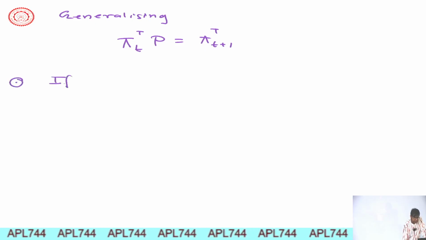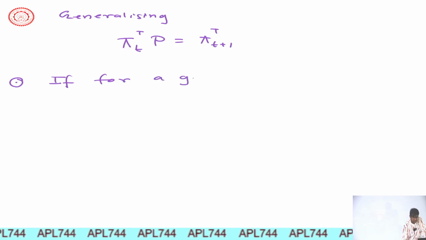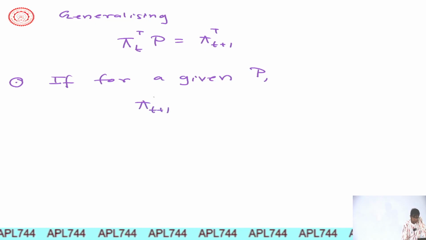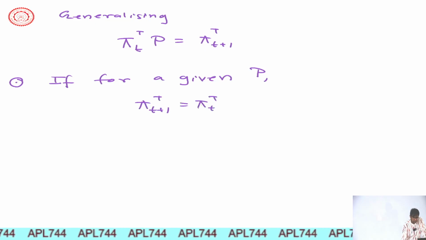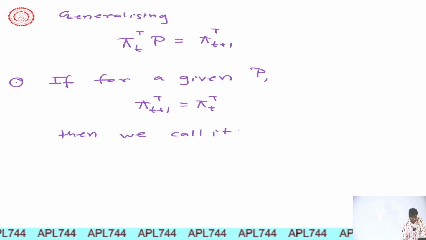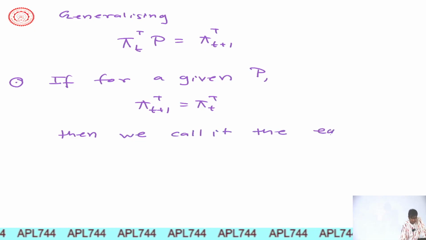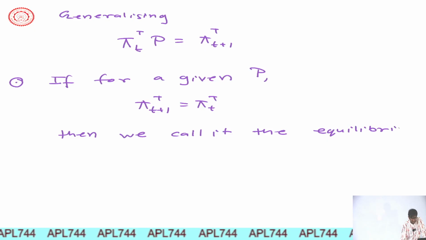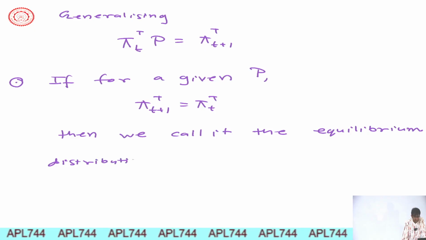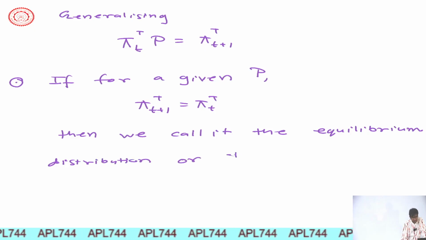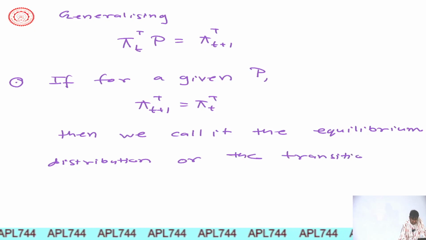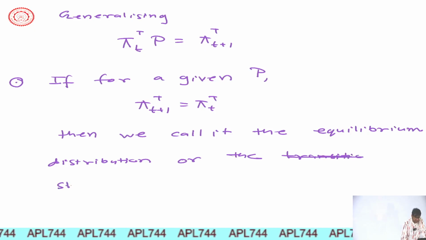If, for a given P, pi of t plus 1 transpose is equal to pi of t transpose, then we call it the equilibrium distribution, or the stationary distribution.